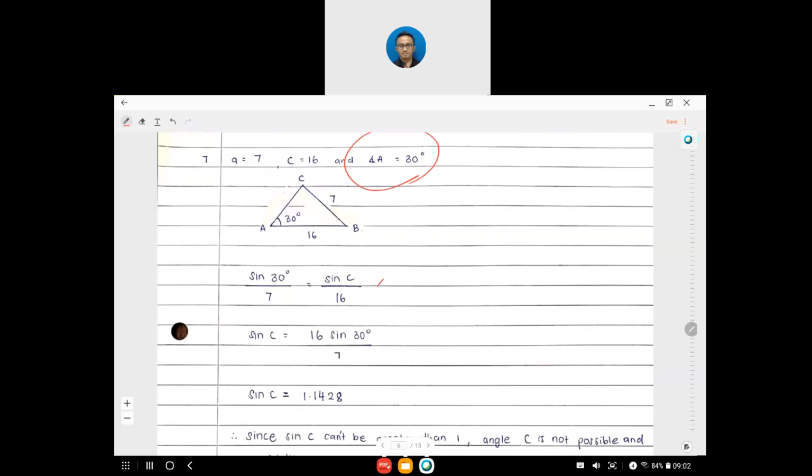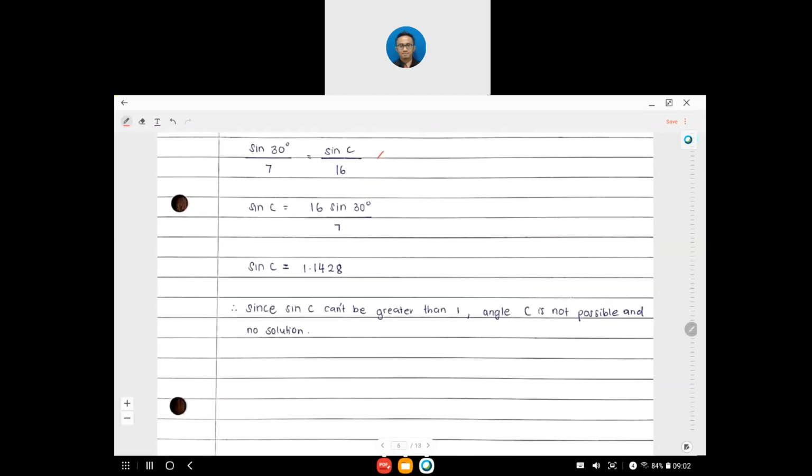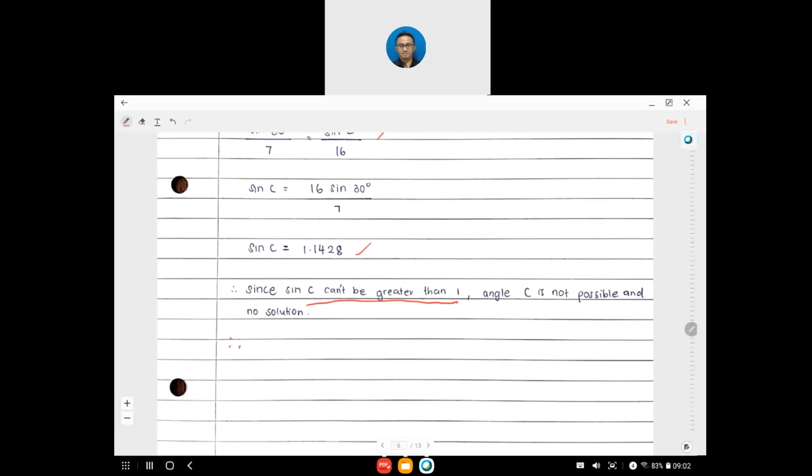So you solve this one, you can get C. Okay, sine C equals 1.1428. Okay, so we know that sine cannot be greater than 1. So the angle C is not possible, and it's not 'no solution'. You must make a conclusion here. Okay, so no triangle.